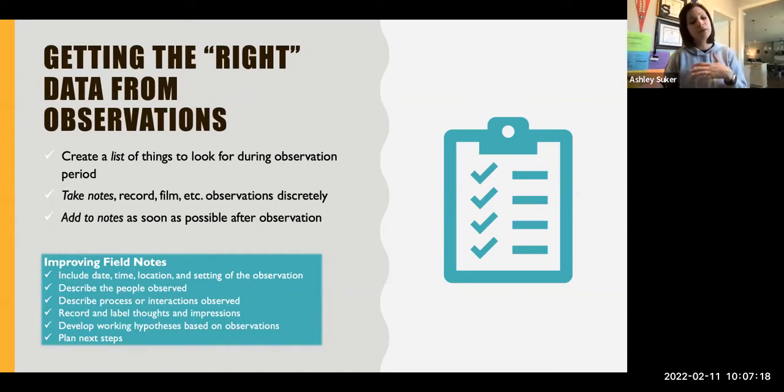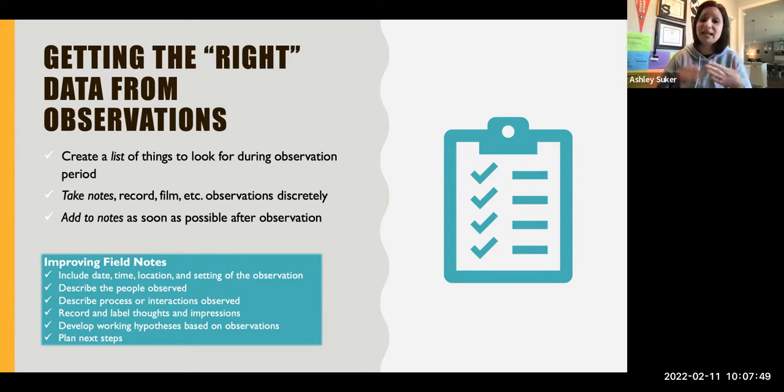We saw a couple of weeks ago with the video that getting the right information is hard. One thing to do is to create a list of things to look for before the observation period. Another is to take notes, and not only take notes, but to record or film the observations discreetly so that you can go back through a second time and verify that the observations were done correctly.